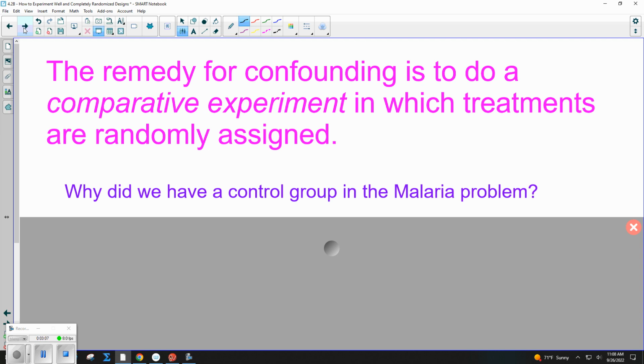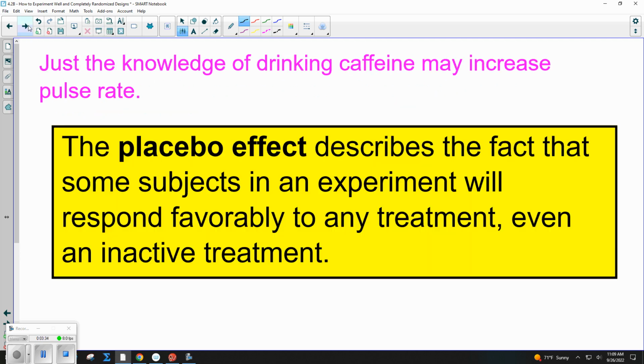Well, what if there were just fewer mosquitoes one year because of a drought, and we attributed it to the treatment? We wouldn't know without the control group. We might think the treatment's working, but in reality maybe it's not. You don't know those outside effects, such as a drought, where there happen to be fewer mosquitoes that year, so there's less malaria.